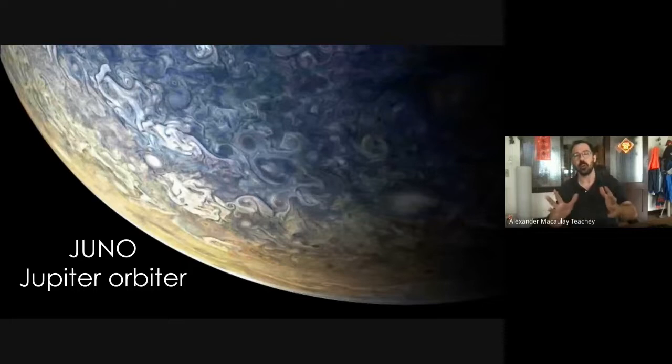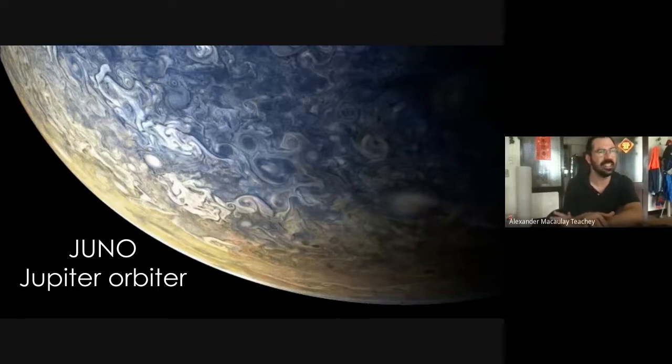Now pushing into the outer solar system, we have visited Jupiter a number of times with the Pioneer 10 and 11 spacecraft, with Voyager 1, Voyager 2. Actually, New Horizons flew by Jupiter, Galileo mission to Jupiter, and now we have Juno. And Juno, you may have seen, has been returning these incredible close-up images, the closest up ever images of Jupiter.